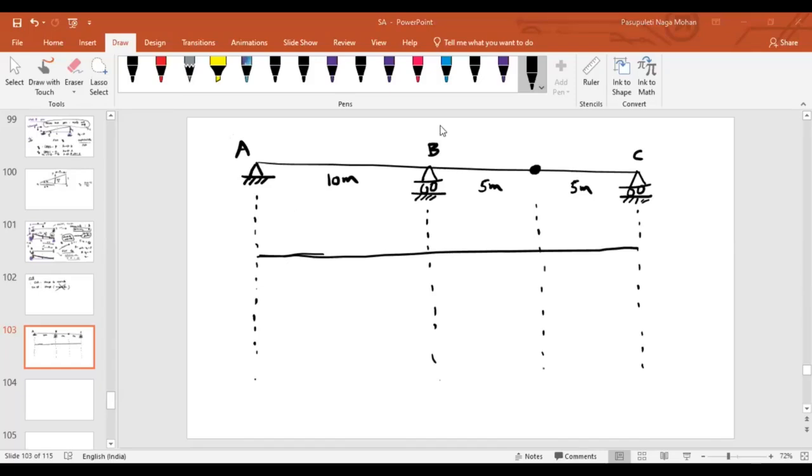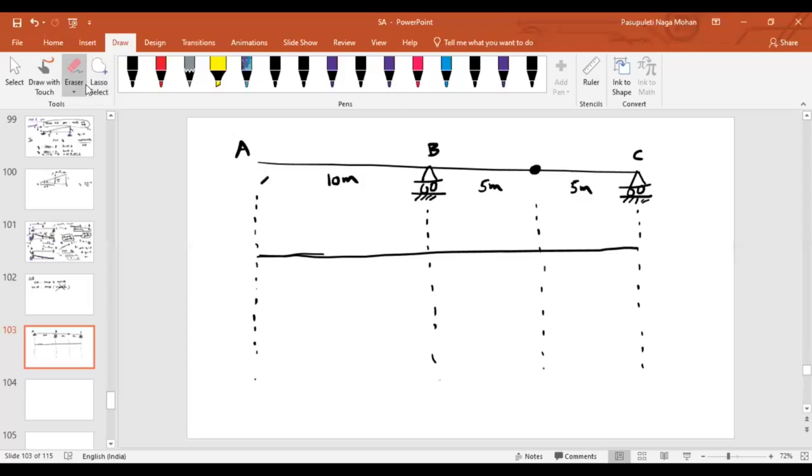Sir, first of all, we have to consider the AB portion. Yes. First step is we can remove that support reaction and introduce a force.